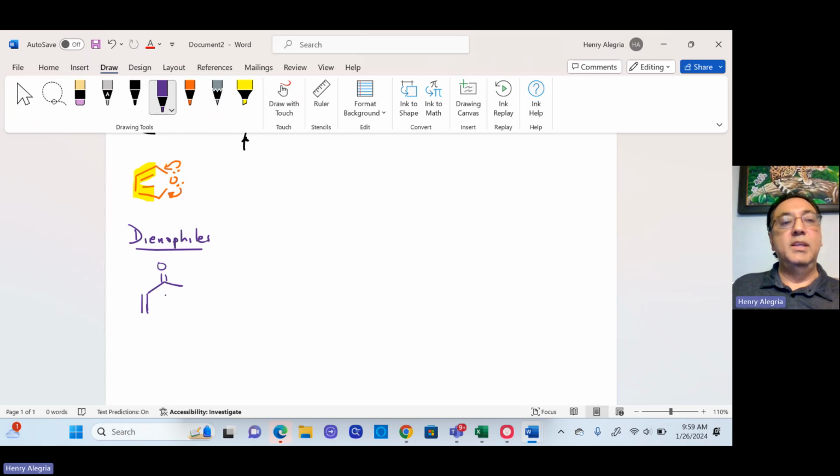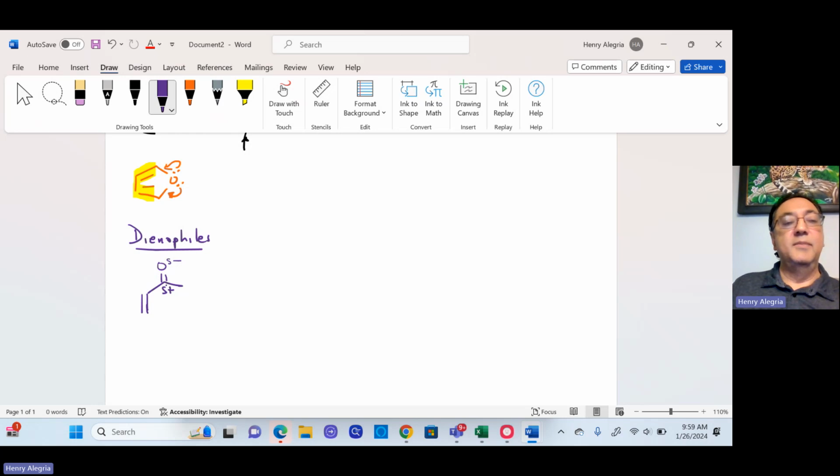Why would that be something that would pull electron density? The carbonyl bond is highly polar. The oxygen is far more electronegative than the carbon, so it pulls electron density towards itself. So the oxygen has a very strong partial negative charge, leaving the carbon of the carbonyl with a very strong partial positive charge.